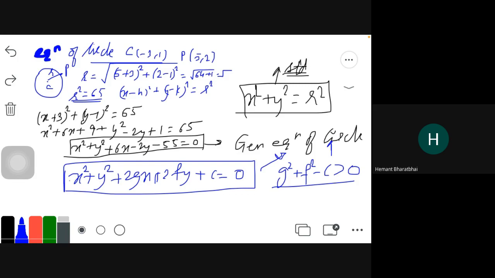So suppose we do the reverse thing. I know the equation of the circle and I want to find out its center and radius. So how do I find out?